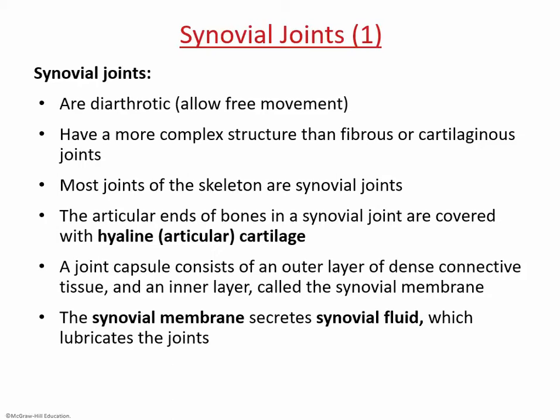And that space is filled with synovial fluid, and that fluid is made by a synovial membrane, kind of a tube that covers the joint itself. There's a joint capsule, which is made of dense connective tissue, and then the synovial membrane that secretes the fluid. Very highly vascular, the synovial membranes.